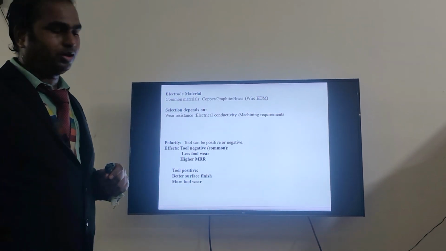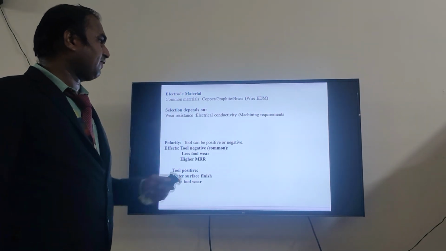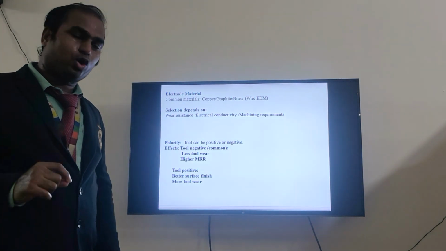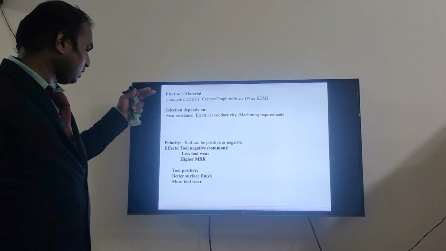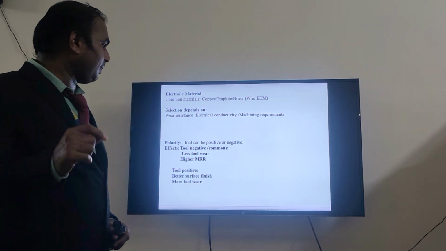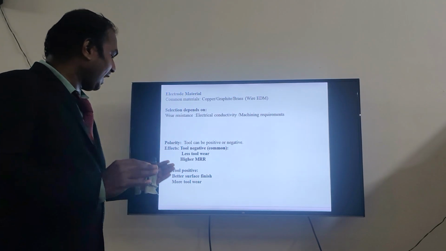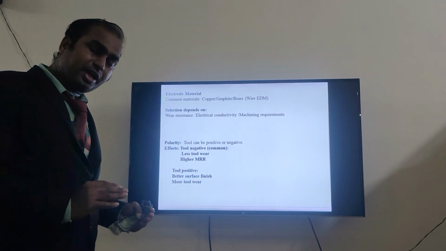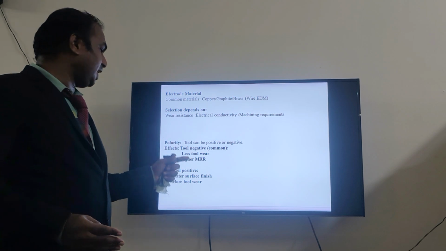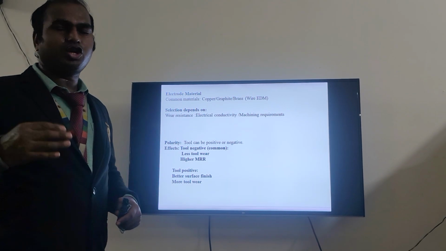Now I am going to tell you about the electrode material, common materials like copper, graphite and brass. Normally the electrode is coated or uncoated. The selection depends upon factors like polarities. Normally the tool can have either positive or negative polarity, and each has its own factors. First, negative polarity has very little tool wear and higher MRR, material removal rate.